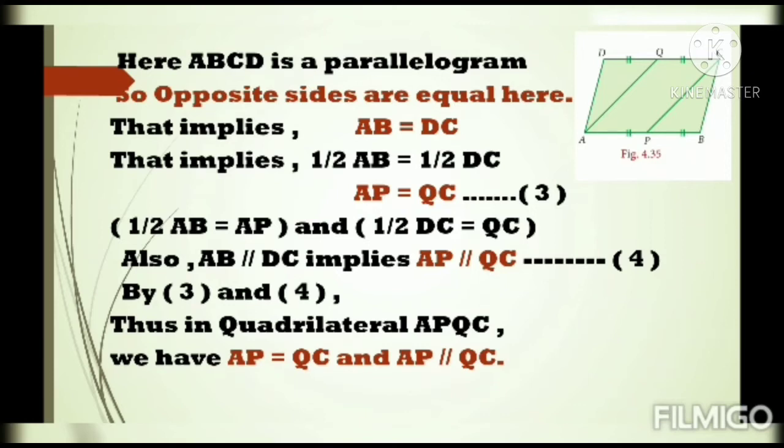AP and QC are the opposite sides of the quadrilateral APCQ, isn't it? Yes. So the opposite sides are equal and parallel here. So the quadrilateral which has opposite sides parallel and equal, what can we say? Yes, that quadrilateral is a parallelogram.